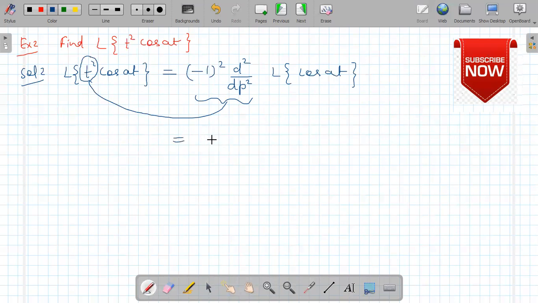So this is equal to d square over dp square of p upon p square plus a square, Laplace transform of cos at.